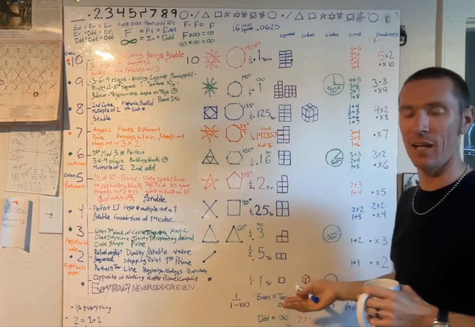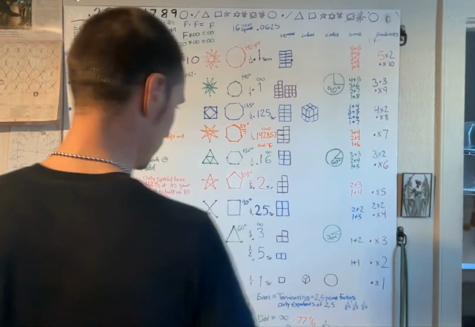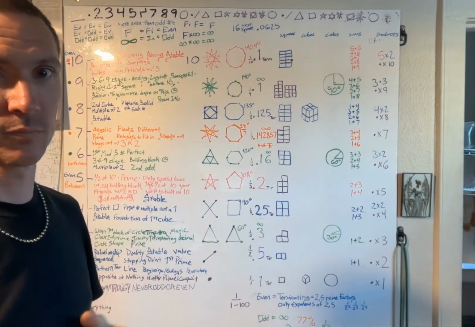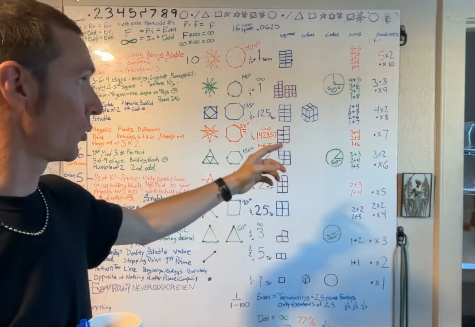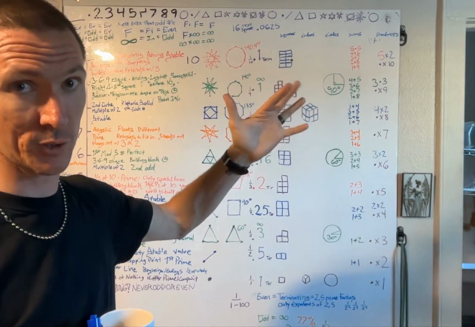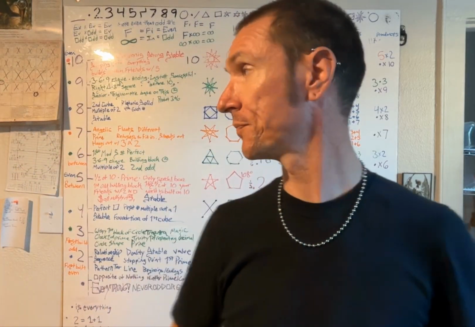They all have characteristics. Some of them are square, some of them are circle. 7, the first irrational number. We've got 1, 2, 3, 4, 5 prime numbers. 6 is your first perfect number.